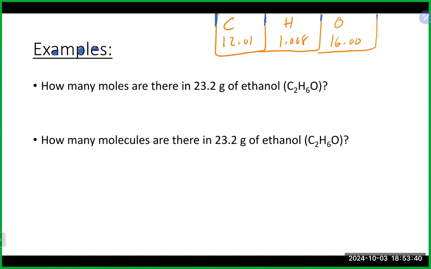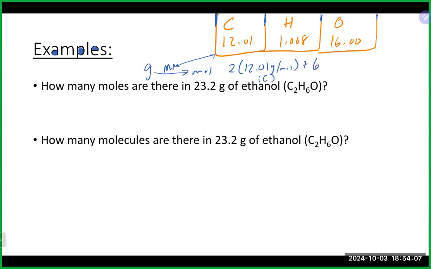Okay, so let's take a look at this one here. First one, we want how many moles there are in that many grams. So this is, again, a grams to moles conversion. That is the molar mass from the periodic table. Here we just need to add up all the parts. So we do have 2 carbons, each at 12.01. We have 6 hydrogens.